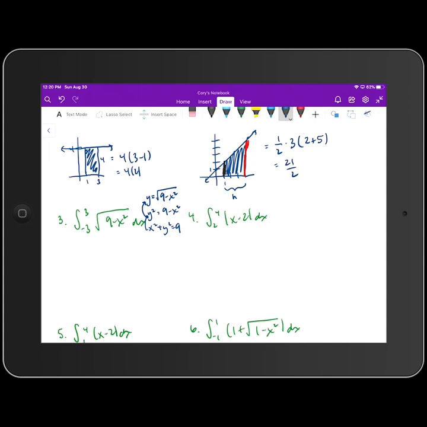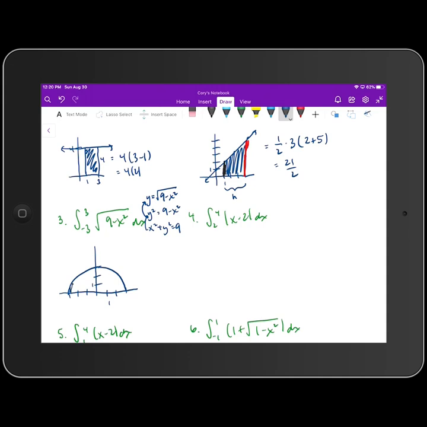The negative radical would be what gives you the bottom half of that circle. So since we only have the positive radical, this function is going to be the top half of the circle centered at the origin with radius 3. Okay, so graphically, that function is going to look like this.